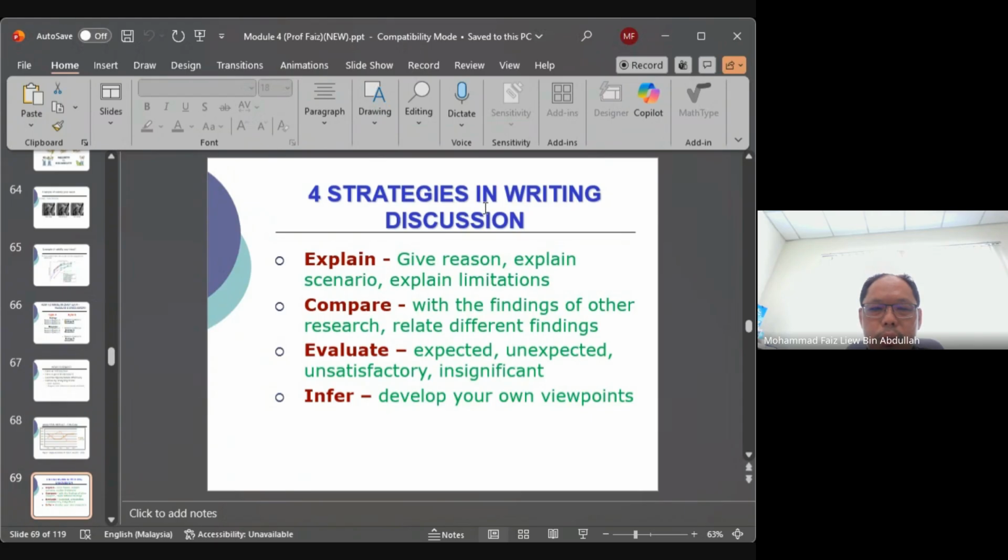Detailed means you have these 4 strategies in writing discussion. One is to explain. Explain means you have to give reason why it happened and how it happened. Okay, so explain the scenario, and also explain the limitation.